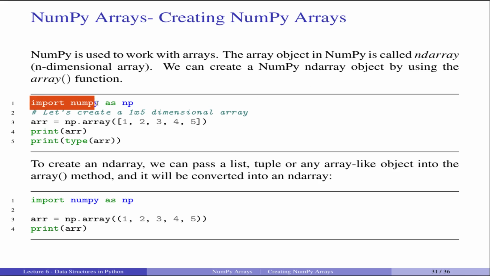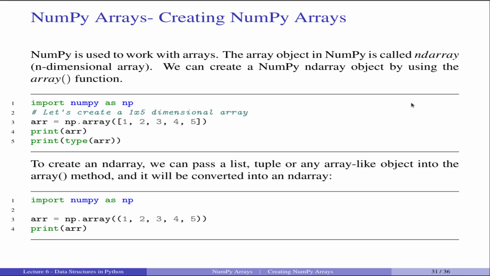Okay, so I can import numpy as this. So I am importing numpy as np. That means if I want to refer to numpy or use numpy anywhere, I do not need to write numpy in full, rather I can write only np.